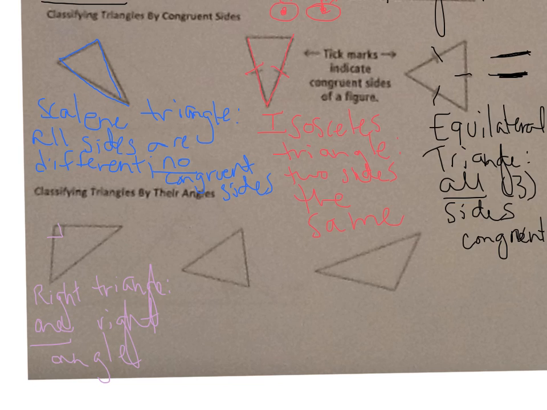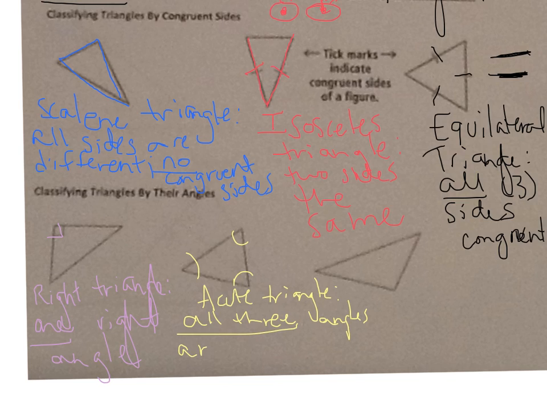Another name that we can give to a triangle is acute triangle. And you can see this second example here, all three of these angles are acute. So an acute triangle is when all three angles are acute, all three of them.